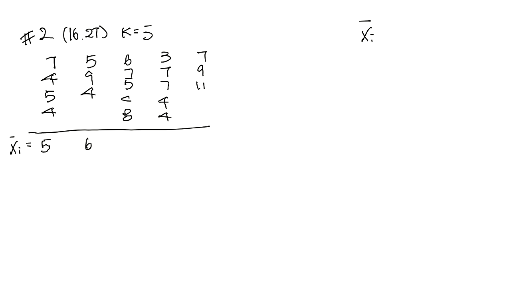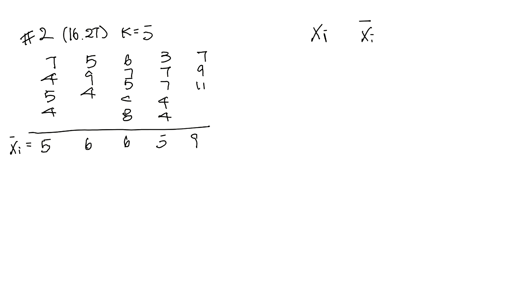Sample 3, 6, 7, 5, 4, 8 divided by 5 is 6 again. Then 3, 7, 7, 4, 4: 25 divided by 5 will be 5. And 7, 9, 11 is 27 divided by 3, which will be 9. Okay, then what?